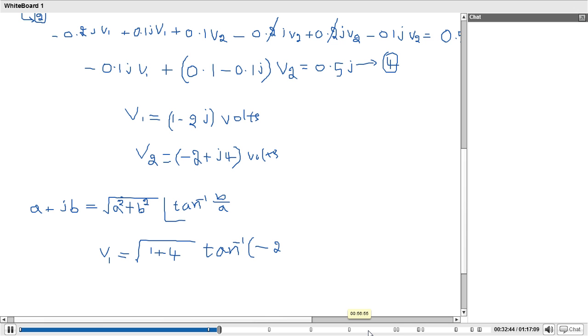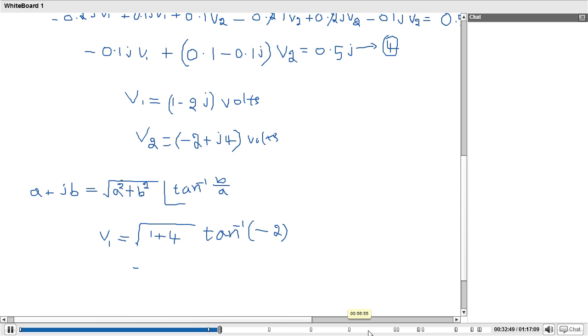So tan inverse of minus 2. If you have a calculator, you can check it. Root 5, I think 2.2 something comes. So this is in polar form. What is the tan inverse of minus 2?